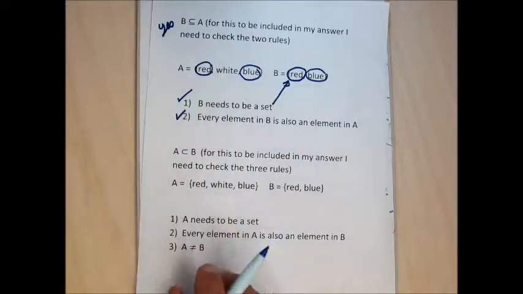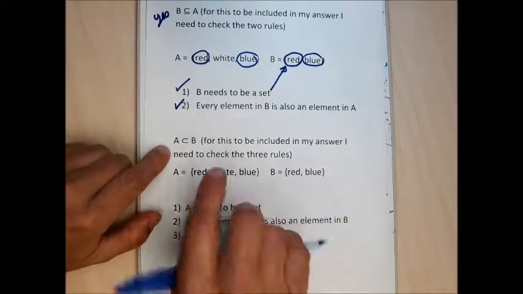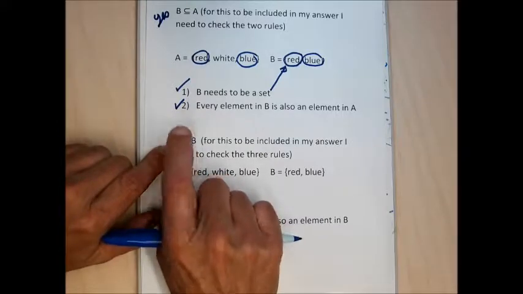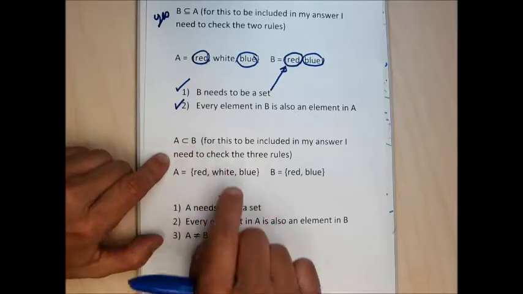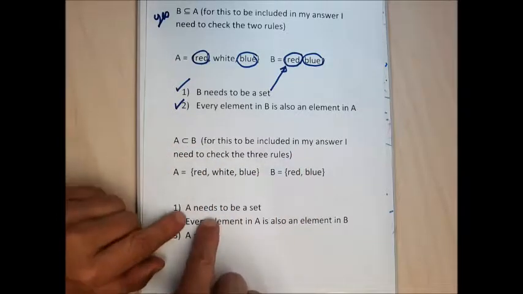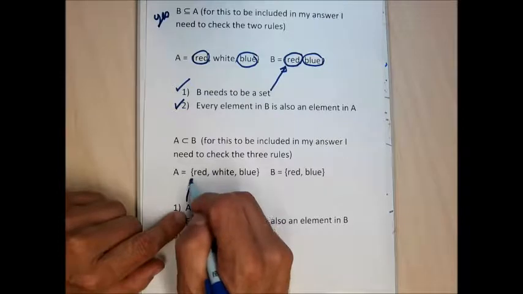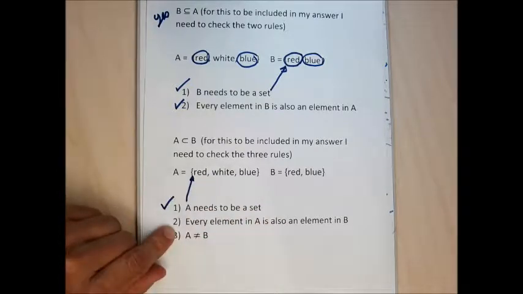I'm going to move on next and see if A could be a proper subset of B. For A to be a proper subset of B, there's three criteria that need to be satisfied. If any one of the three criteria is violated, then this is not going to be part of my answer. So for A to be a proper subset of B, A needs to be a set, and it is a set because of the set braces.